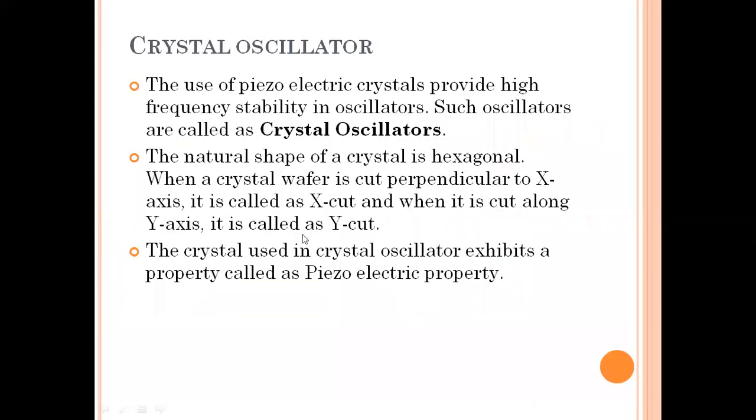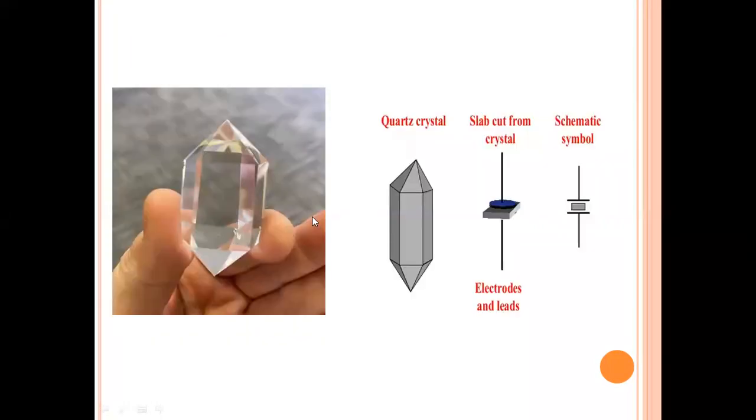If the crystal or wafer is cut perpendicular to the x-axis, it is X-cut, or else it is Y-cut. By cutting the crystal only, we place the crystal in the circuit. This is the schematic symbol of the crystal. Normally, the available shape of the crystal is this shape, that is hexagonal.